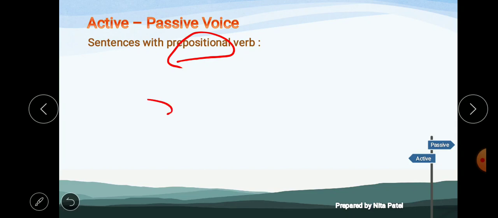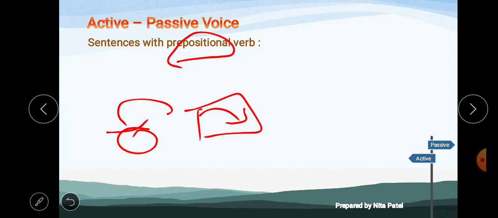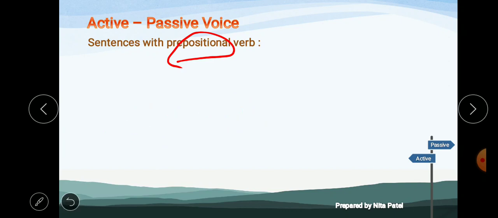If they are in the beginning of the verb, then write in the beginning. If they are at the end of the verb, then write at the end of the verb. Generally they are at the end of the verb. Okay, stand up, sit down. So these are the prepositional verbs. Stand up, sit down, laughed at, objected to. Okay, so these are the prepositional verbs.